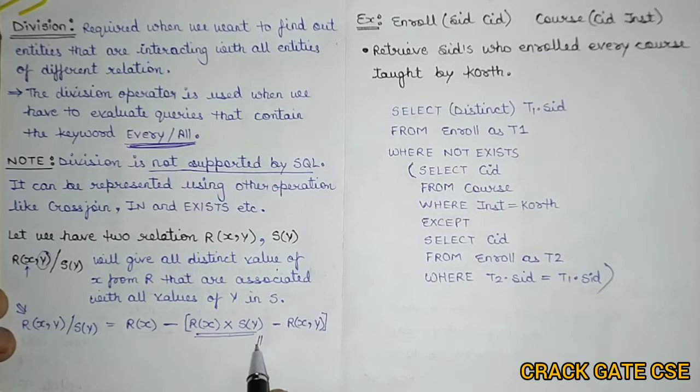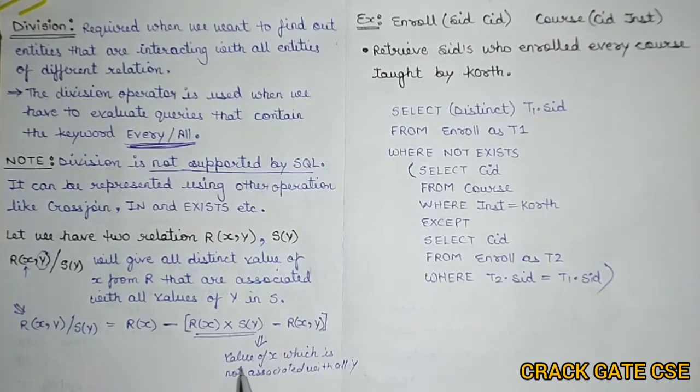The output of this will be the values of X which are not associated with all Y. But in division we have to retrieve the values which are associated with all distinct entities. To get that, we have to subtract this from all the values of X.